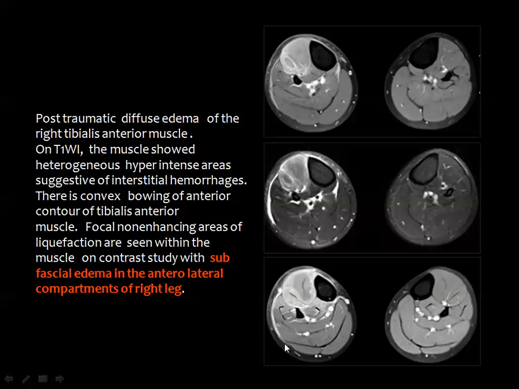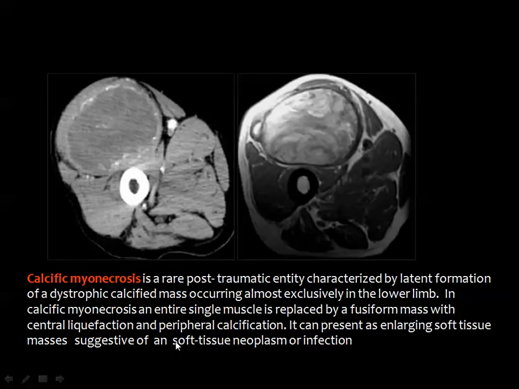If you inject the contrast material, you see that there is some enhancement, while the starting necrotic tissue will not enhance. And this is an example of calcific myonecrosis, a rare post-traumatic complication, where you see the muscle in the anterior aspect of the thigh is markedly swollen and liquefied with dystrophic calcification along its edge.